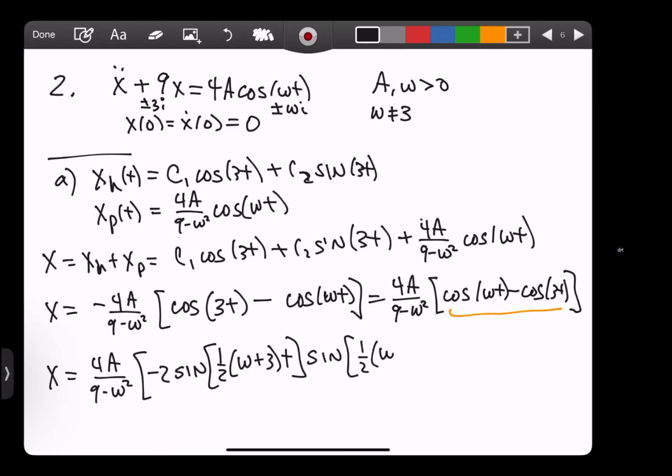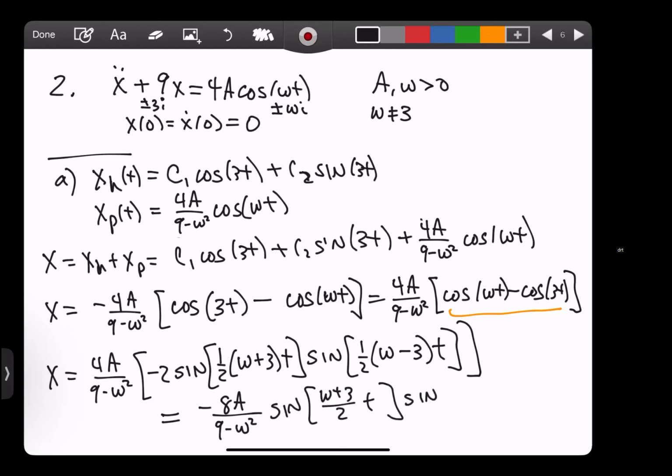It's going to be omega minus 3 t. And then I would like to get this a little nicer, so that's going to be negative 8a over 9 minus omega squared sine of omega plus 3 over 2 t sine of omega minus 3 over 2 t.